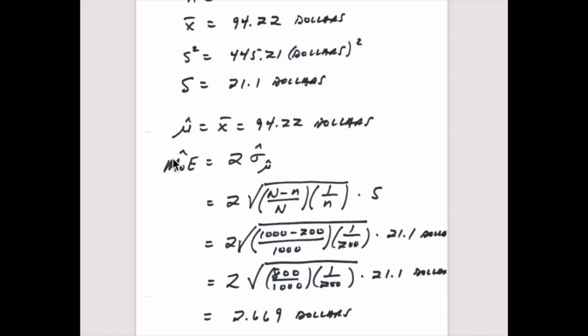Okay, and then next we calculate the estimated margin of error. Notice that I've got a hat on this margin of error, and it's going to be an approximate 95% margin of error.